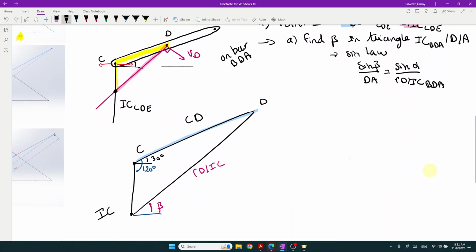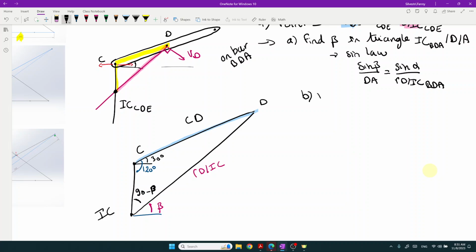Now that we have beta, we know that this one is 90 minus beta. We have two angles, one distance. Step B, let's find RD about IC of CDE. And how do we get this one?